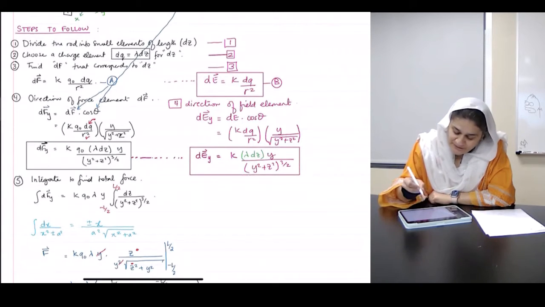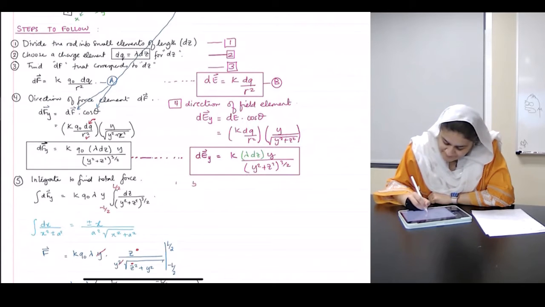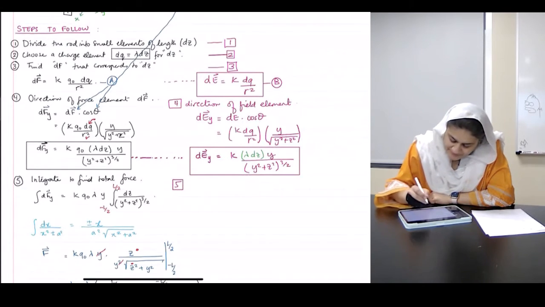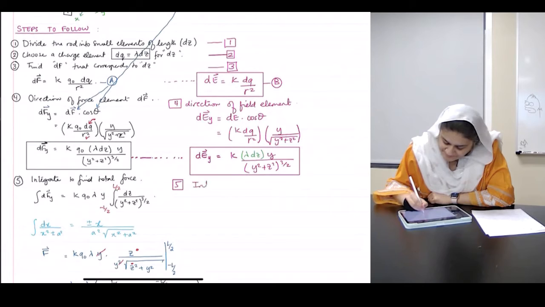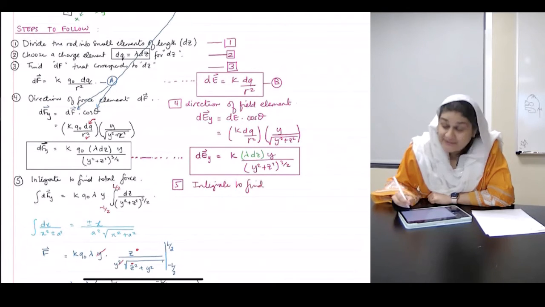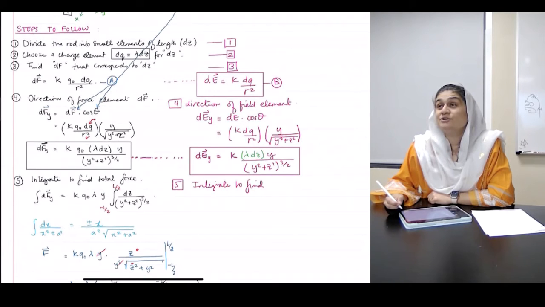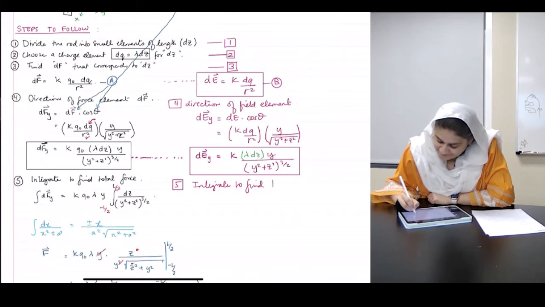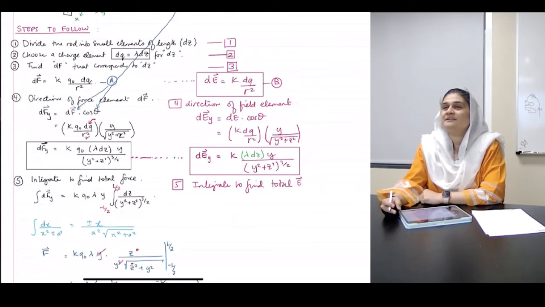Step 5 would be to integrate to find, in this case, the total E, the total E field.